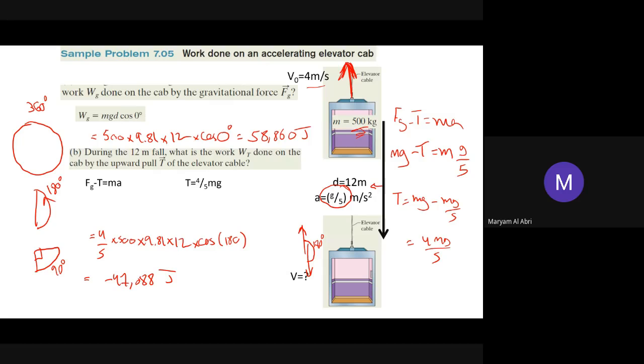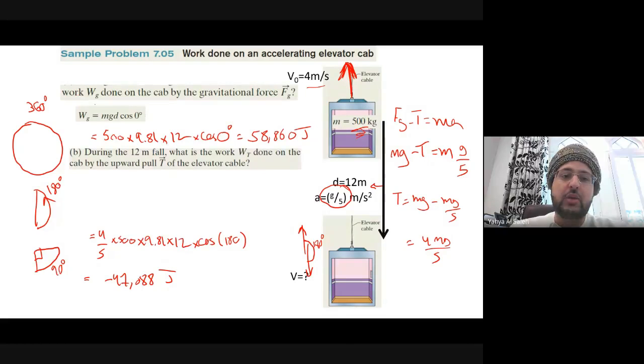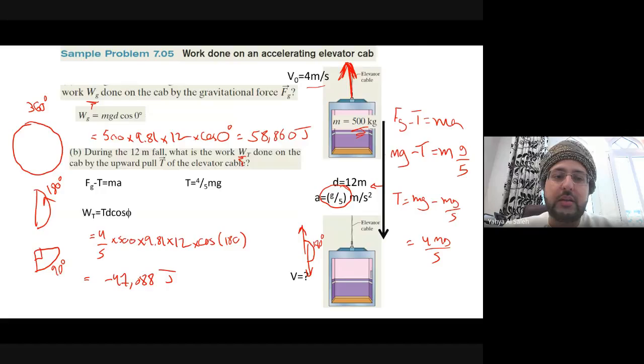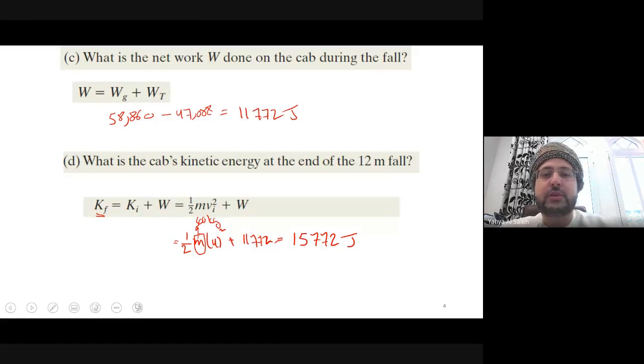Doctor, what's the difference between question C and A? A was what is the work done by gravity only. B is what is the work done by tension only. C is what is the total work done, net work.